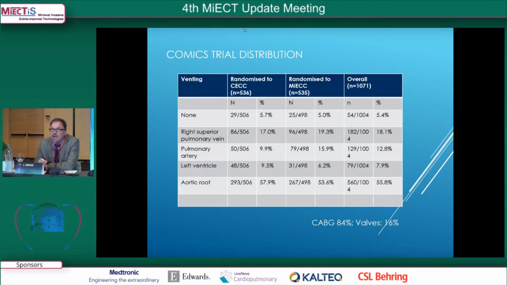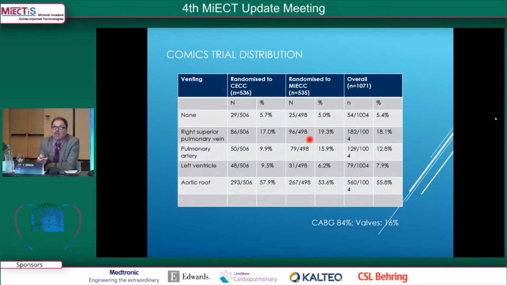I just took this from the COMICS trial. If you look at the distribution of venting, there's a little lag, sorry. So LV venting, about 20% of the cases out of 1,000, basically 20%, the right superior pulmonary vein and left ventricle.